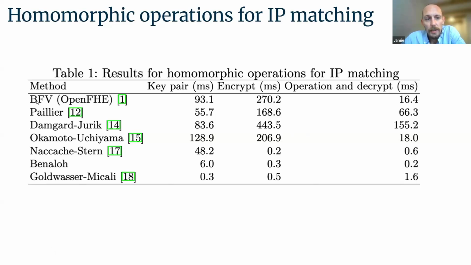But if we look at BFV, which is what we use with OpenFHE, it's quite notable, 16.4 milliseconds, which is certainly faster than some of these other partial algorithms, but not necessarily as fast as the fastest of the partial algorithms.